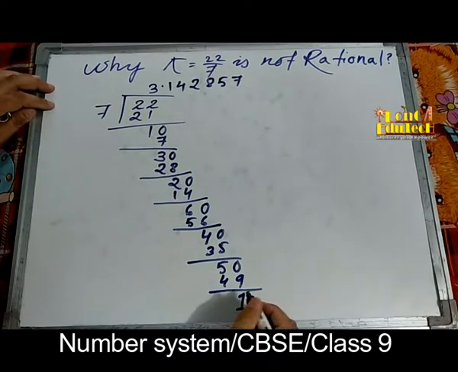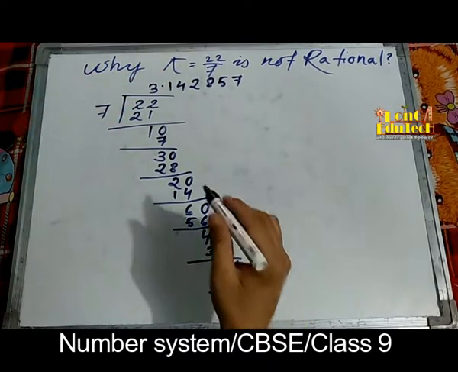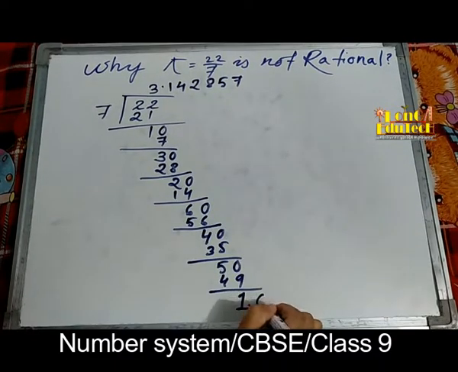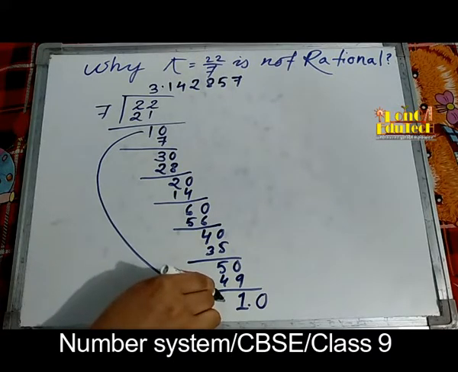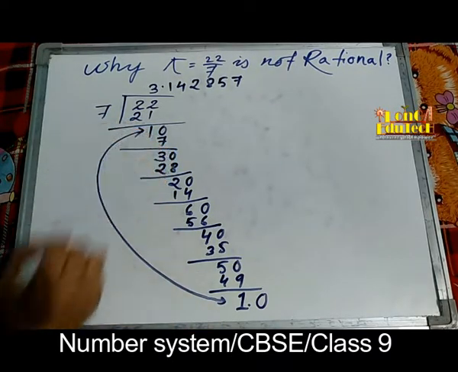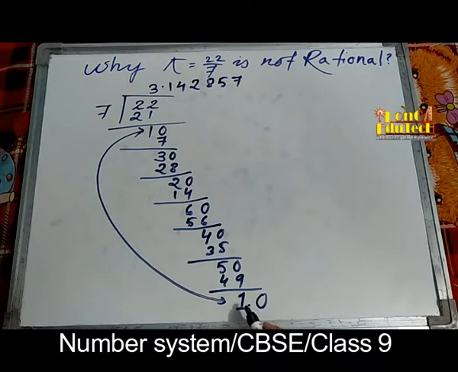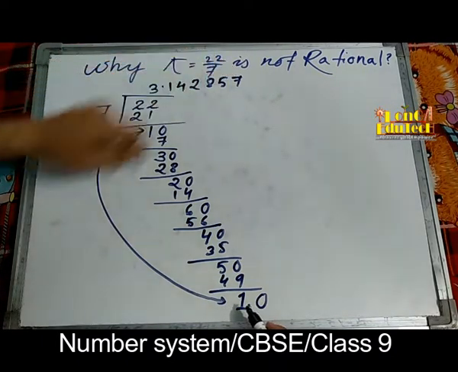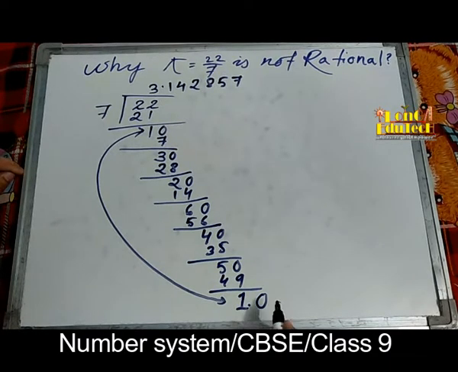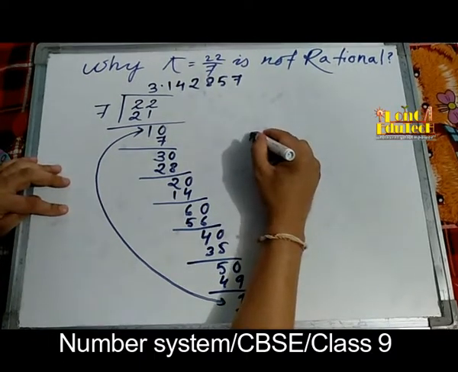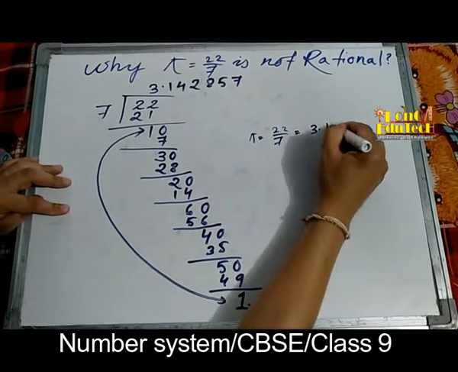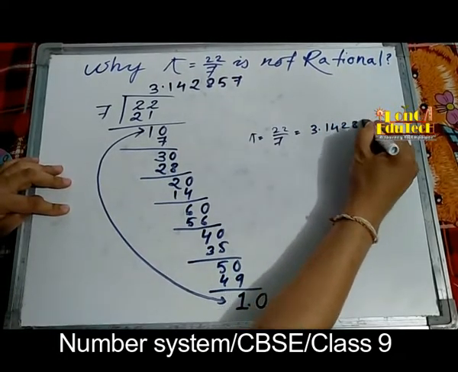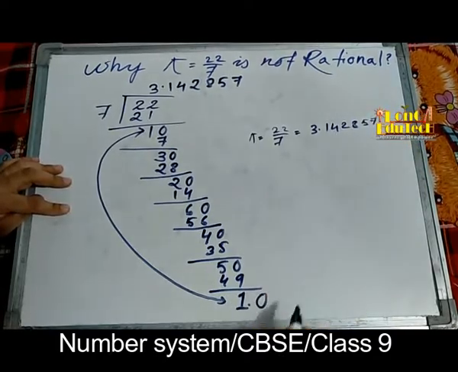You see here, the same thing. If we continue, we bring down a 0 and get 10. See these two places: here also 10 and here also 10. That means if we keep on dividing, all these values will keep on repeating. So we can conclude that the value 22 by 7 comes to 3.142857.